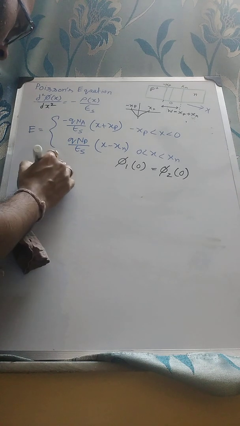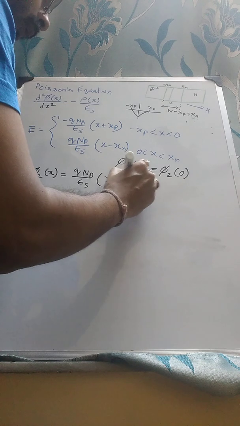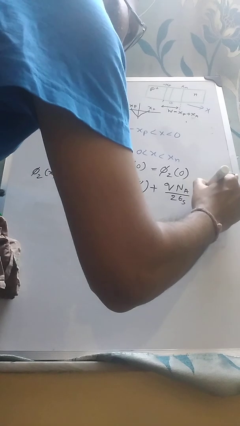Now if you put this C2 dashed value in the expression of phi 2 of x, the final value that you would get, phi 2 of x, is q nd by epsilon s into xn into x minus x square by 2 plus q times Na by twice epsilon s xp whole square.